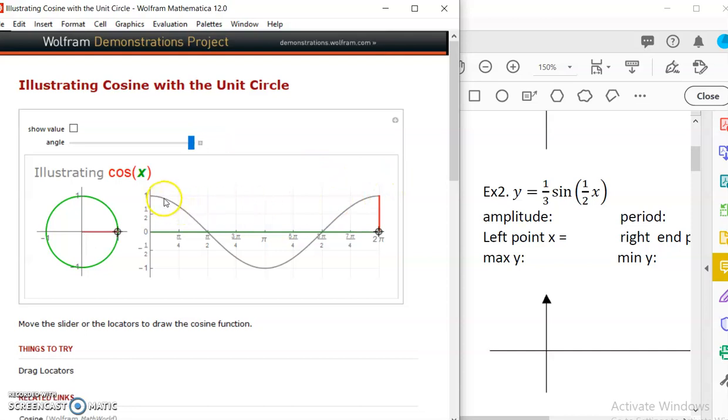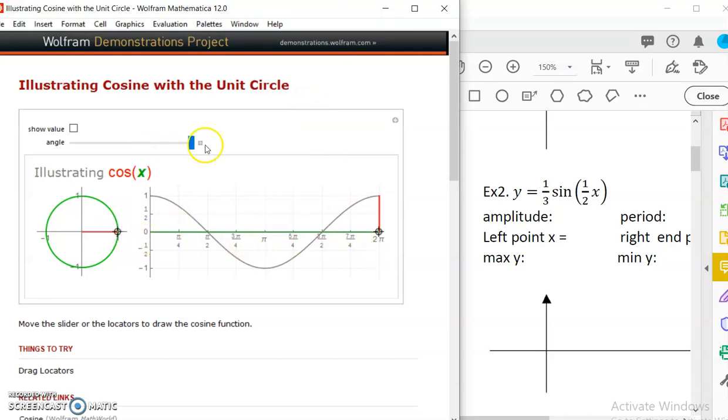You can think of it as a V shape, but a curved V shape, where on this side the curve is curving down, and this side is curving up. So this is the basic cosine function on one cycle.